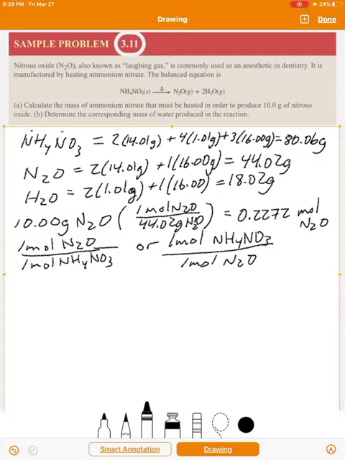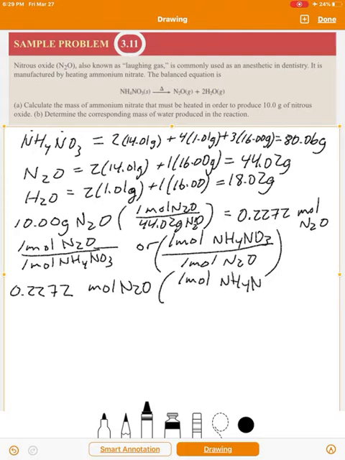We know how much N2O we have. We already calculated it's 0.2272 moles. We want to know how many moles of ammonium nitrate are going to react to form that N2O. So the next step, we're going to pick this one here, because that one puts the ammonium nitrate in the numerator. So 0.2272 moles of N2O, and then it's 1 mole of ammonium nitrate per 1 mole of N2O.